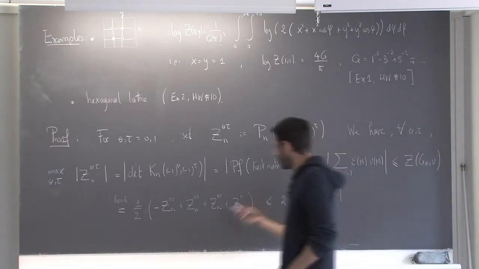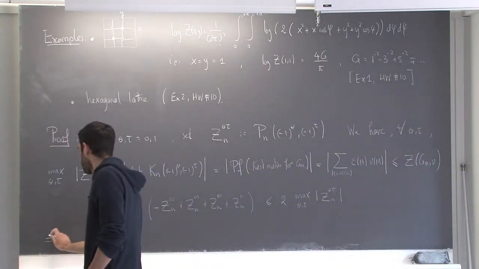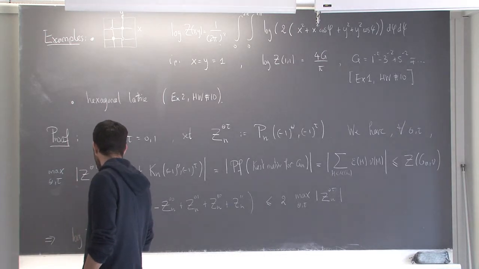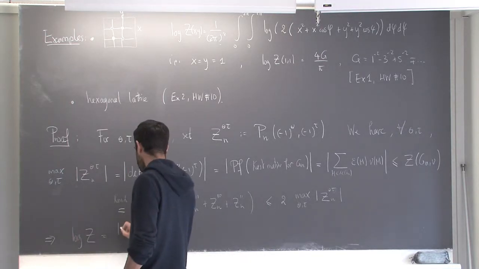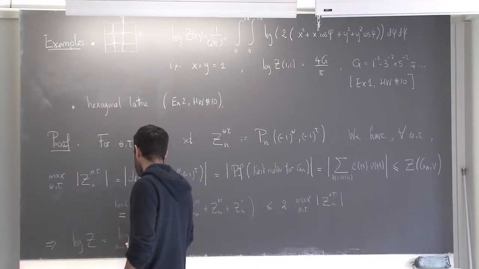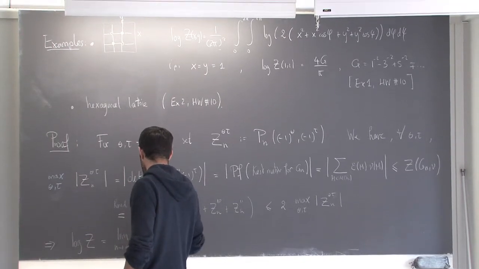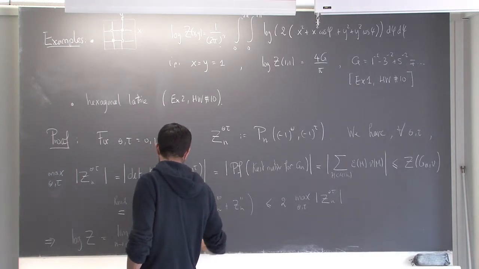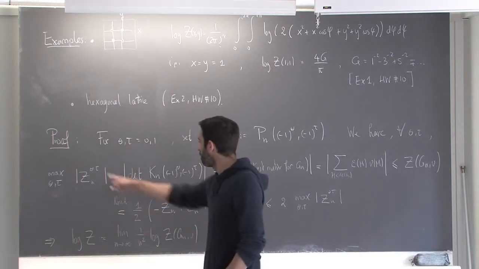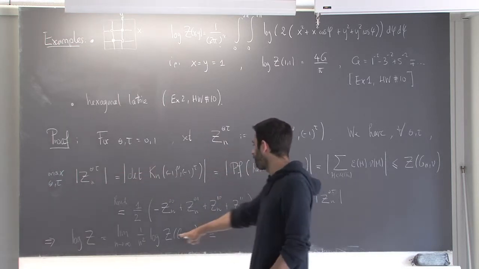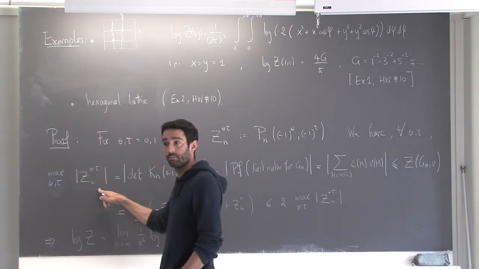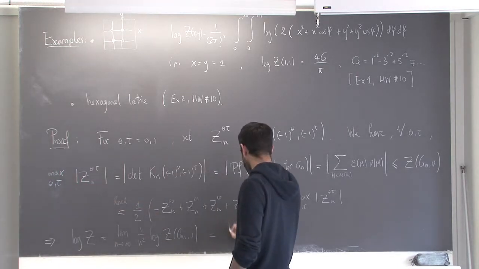But you see that now if we consider log Z, which is by definition this limit here, by these inequalities I can replace the partition function here by this max here.